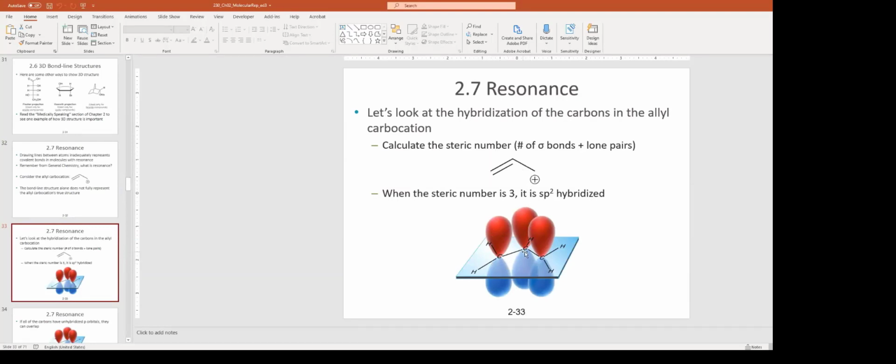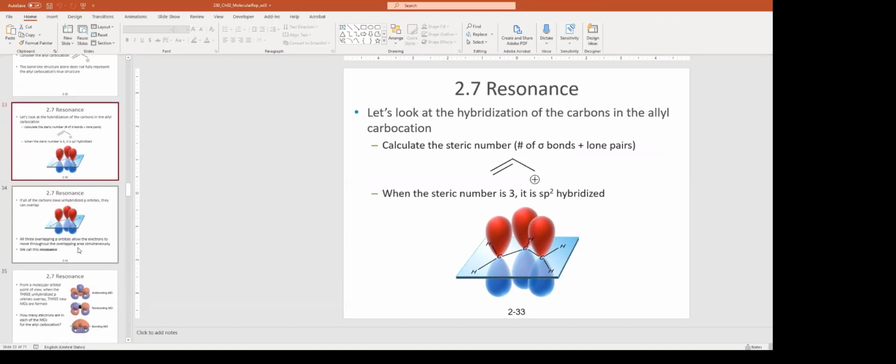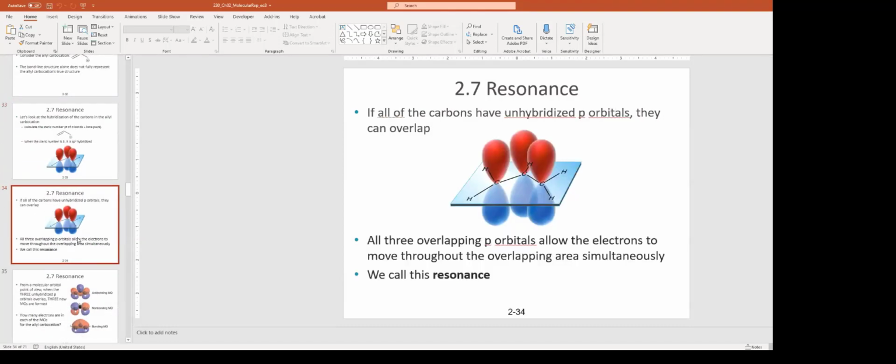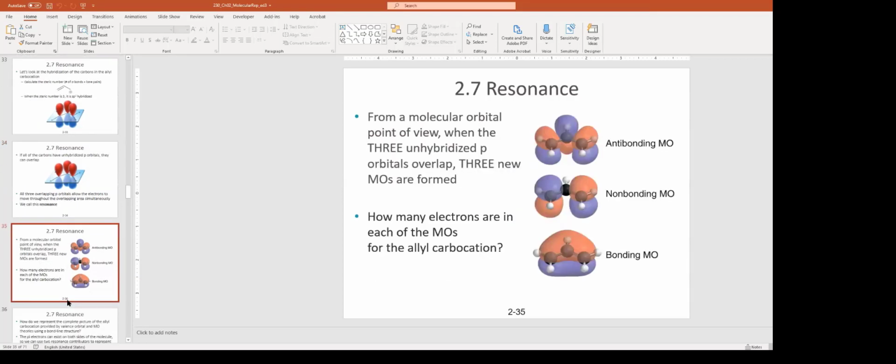All 3 p orbitals are parallel to each other, so the electrons can be delocalized. They aren't stuck between this carbon pair or this carbon pair. They are smeared out over all 3. And because the electrons can be distributed all over, we call that resonance. It's like it's resonating between all of the different structures. If we looked at them as MOs, this is the way the MOs would look.